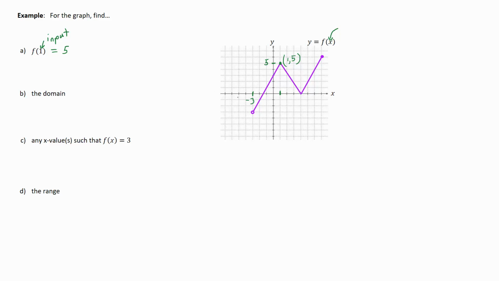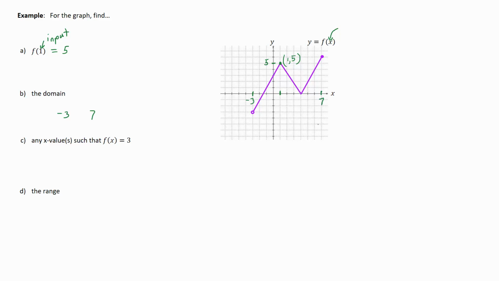Yeah, so the low value on the domain, well, we haven't talked about the open circle yet, but it gets close at least to -3, as you'll see. And then a solid circle here, so looks like it goes all the way from -3 to 7.